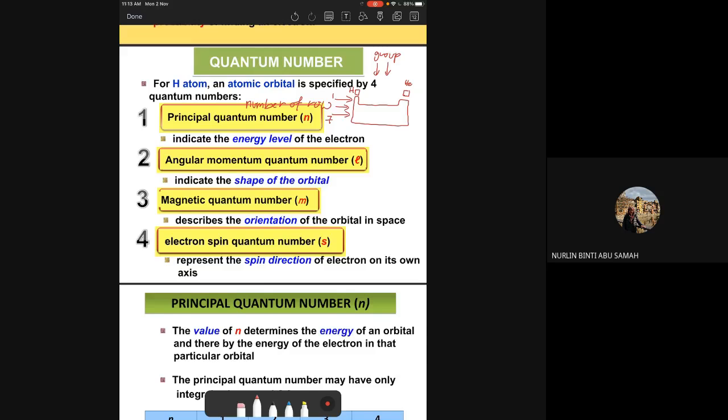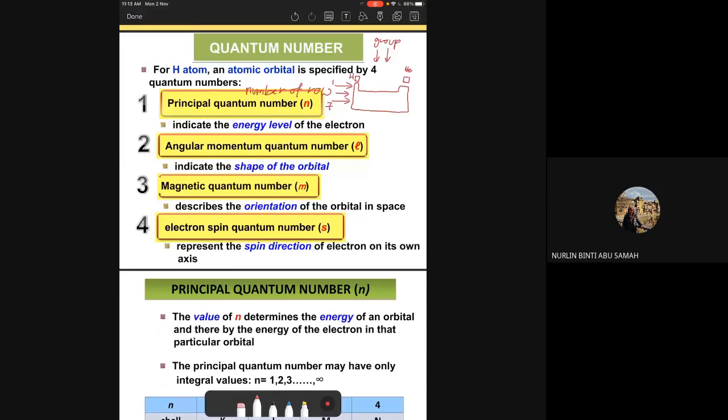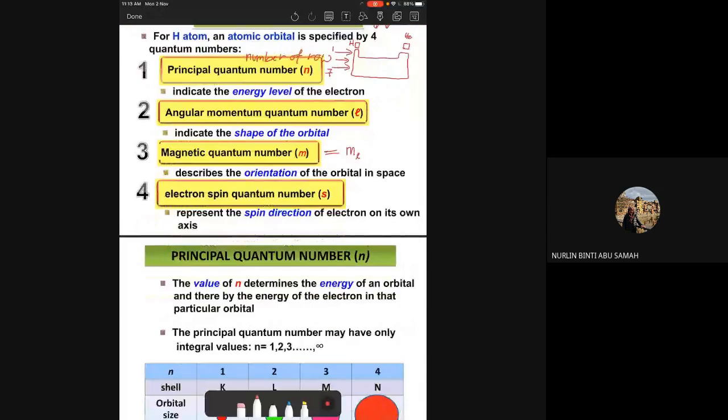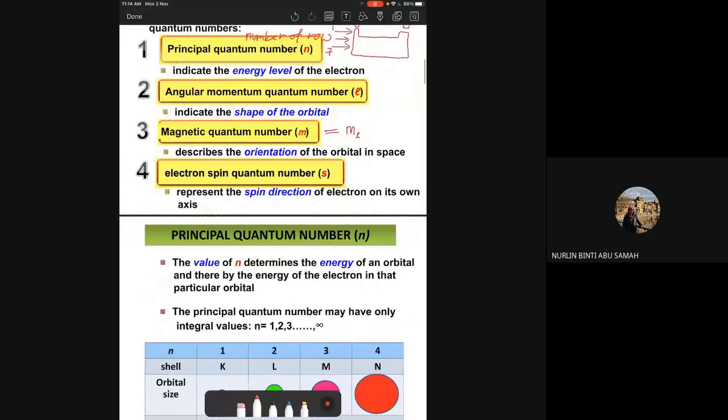Okay, next is magnetic quantum number M. Okay, kalau dalam modul dia ada tulis macam ni, ML kecil. Okay, so this is also the same, benda yang sama as long as the M magnetic. Okay, and next is the electron spin quantum number. So electron spin number is just the direction of electron on the energy level.